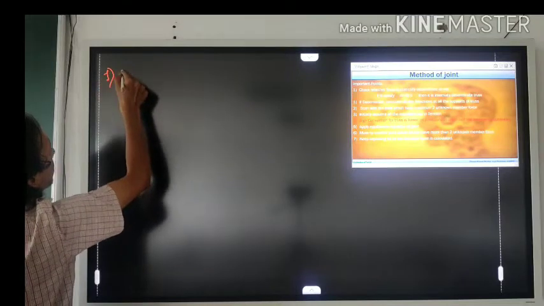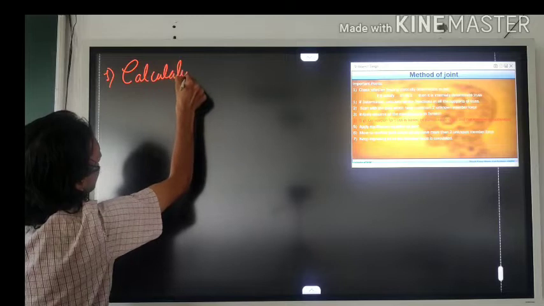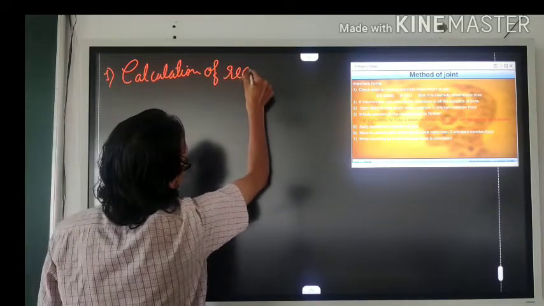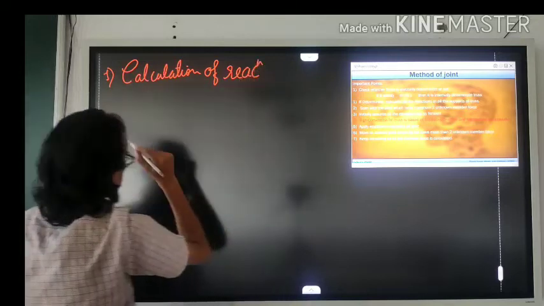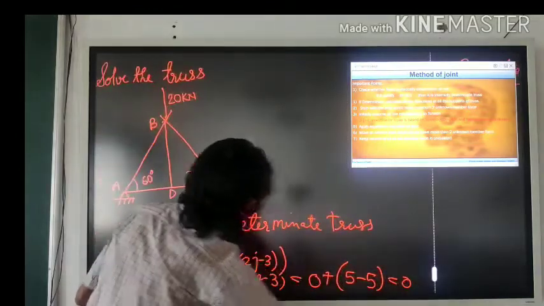So the first step is calculation of support reactions. You can see the question.